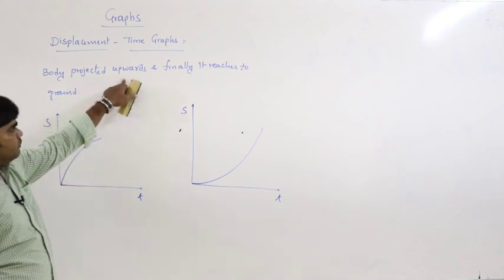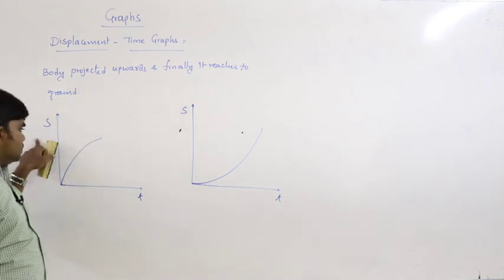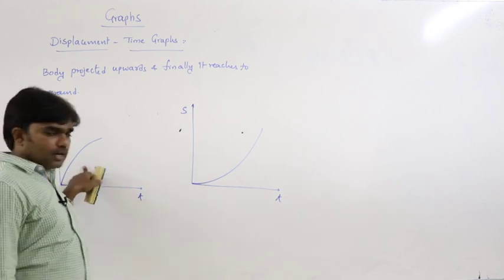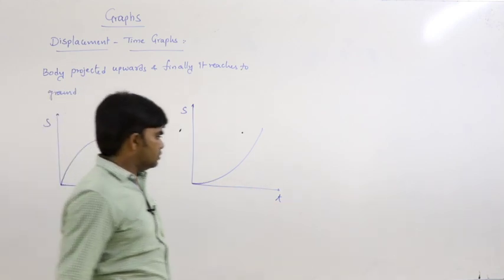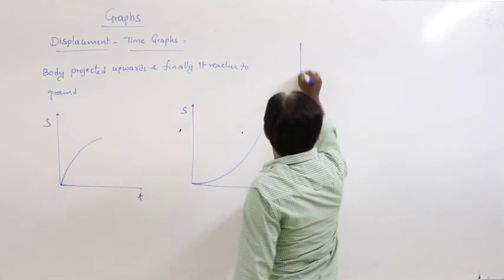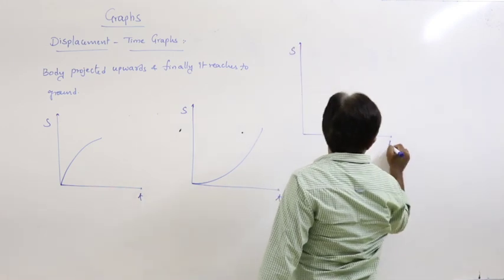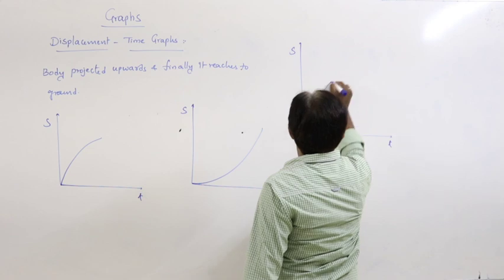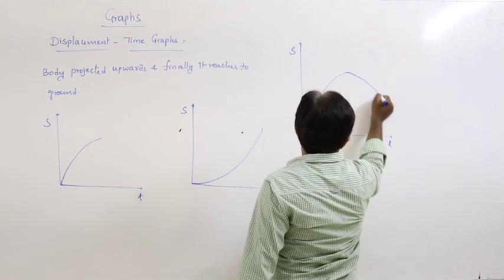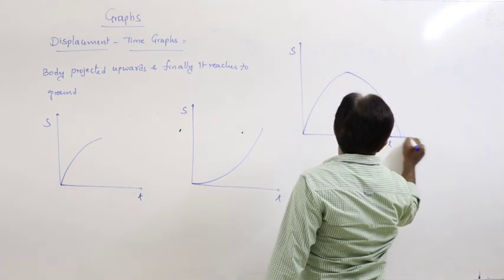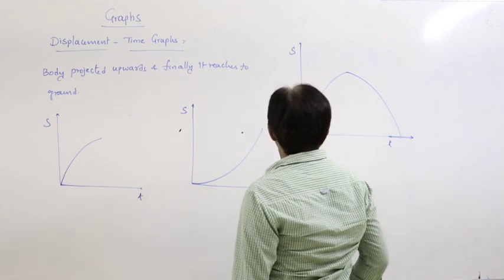This is upward motion and this is downward motion. If we combine these two graphs, this is the shape of the graph.